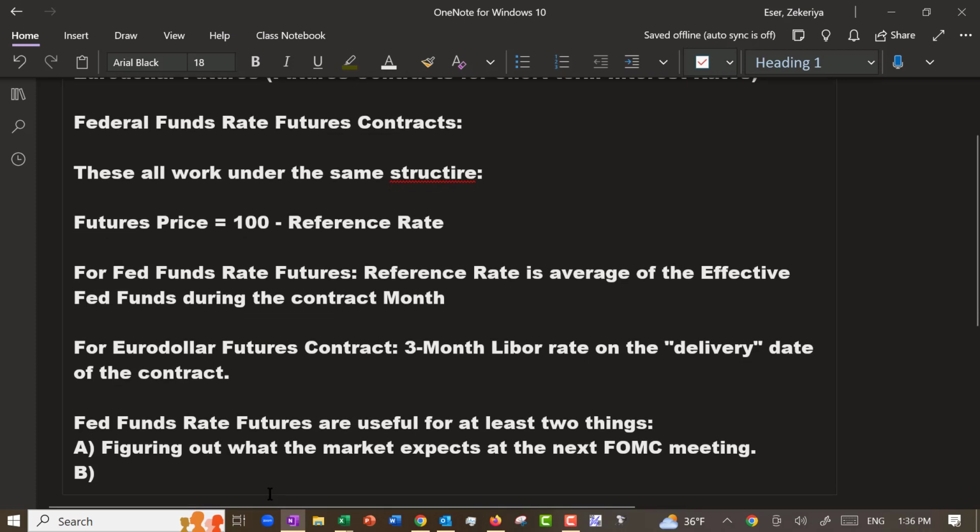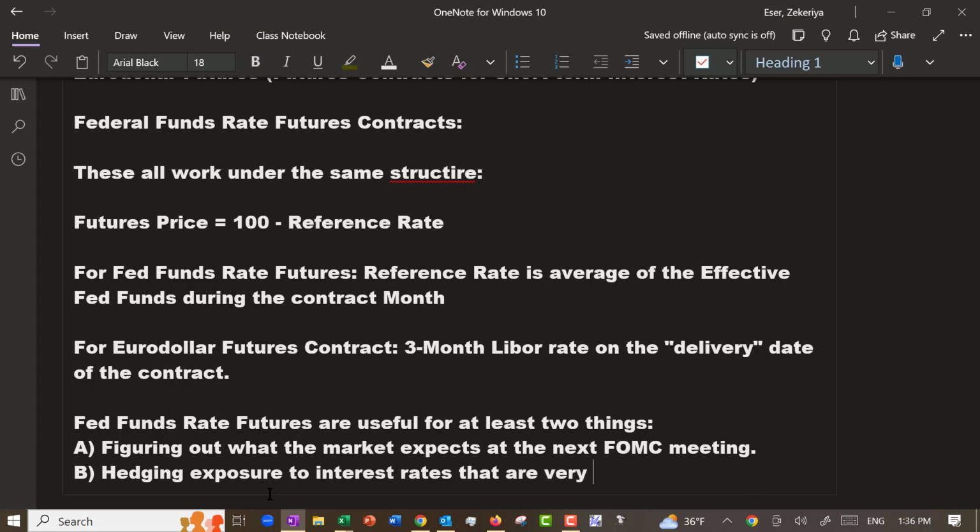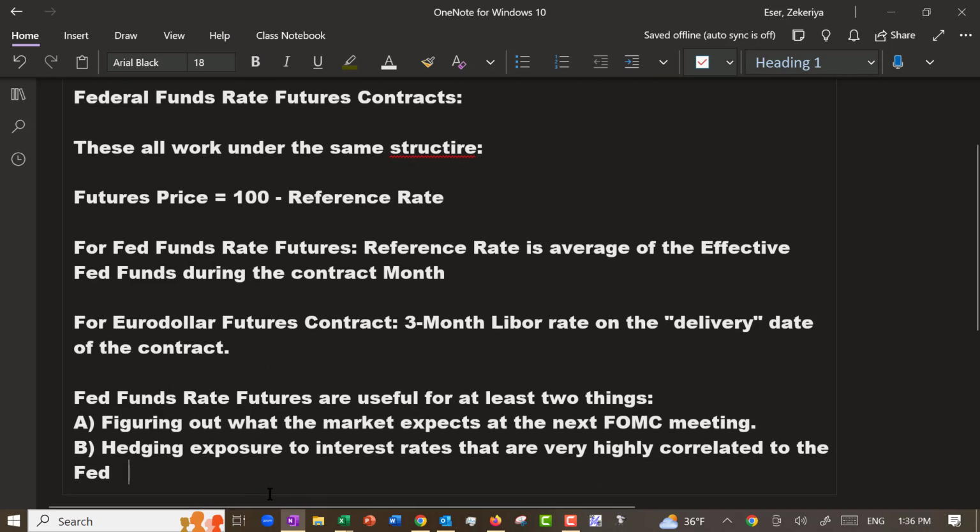B, hedging exposure to interest rates that are very highly correlated to the Fed funds rate.